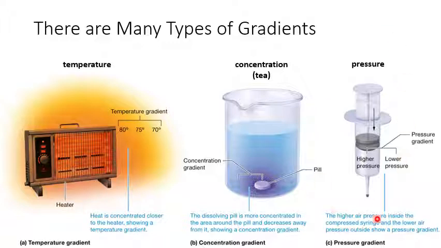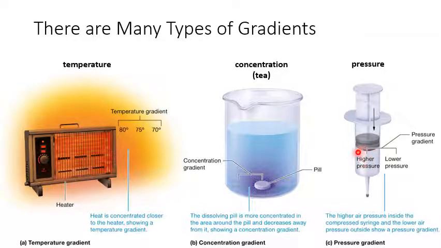You also have pressure gradients. That's how syringes operate. With a syringe, you start out with the barrel full of liquid, and there's equal pressure inside the barrel and outside in the air. But then if you operate the syringe, you push down on the plunger, and that compresses the liquid inside the barrel, which raises its pressure.